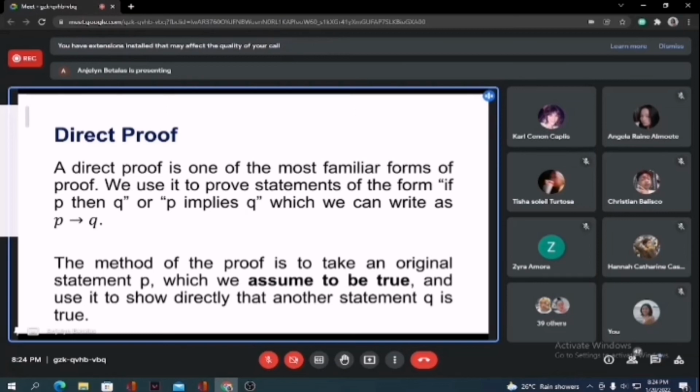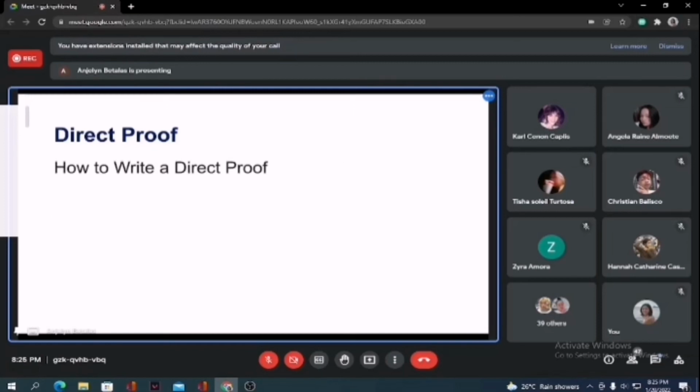So, ang method sa direct proof, i-assume nimo nga ang imong hypothesis true. And then, use it to directly show nga si Q, imong conclusion, tinuod siya. Mao na ang direct proof.